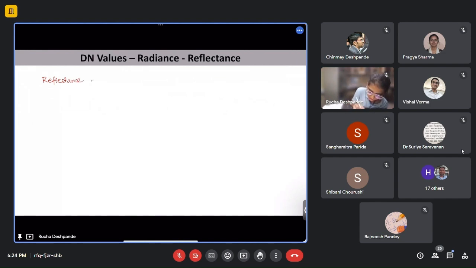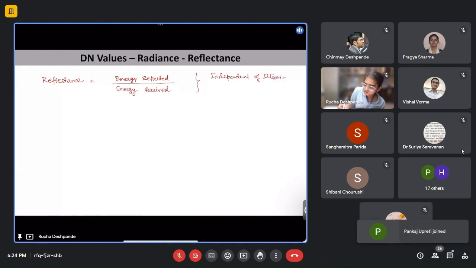So reflectance is independent of illumination and viewing conditions.